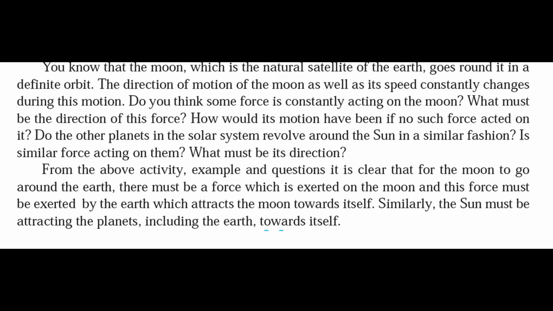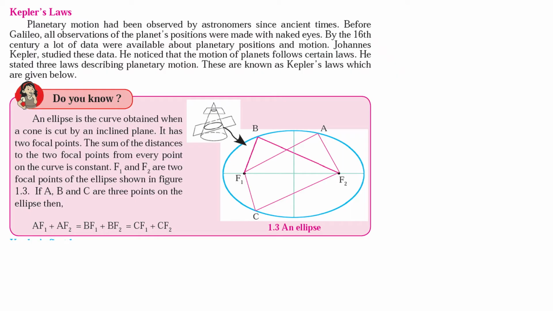It is clear that for the moon to go around the earth, there must be a force exerted on the moon, and this force must be exerted by the earth, which attracts the moon towards itself. Similarly, the sun must be attracting the planets, including the earth, towards the sun because of the force, which is the centripetal force and gravitational force.